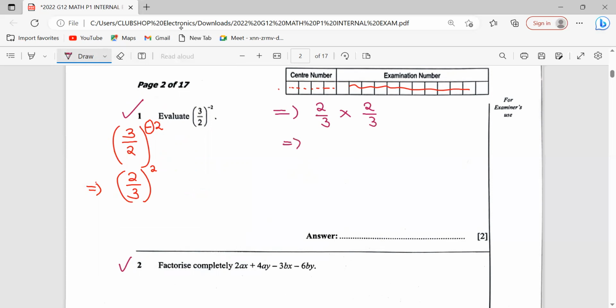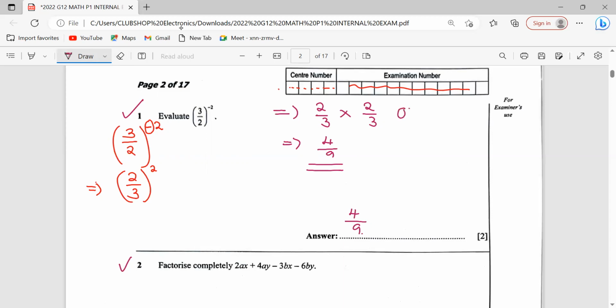And this will take us to, when you multiply there, it's going to give you 4. And here it will give you 9. And basically, this is your answer, because you do not have a common factor here. You don't have a common factor. All right. So you have got 4 divided by 9.